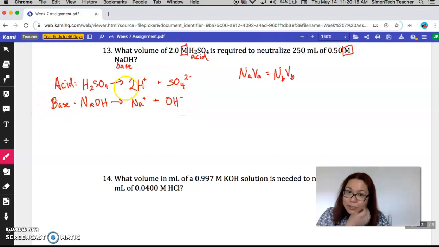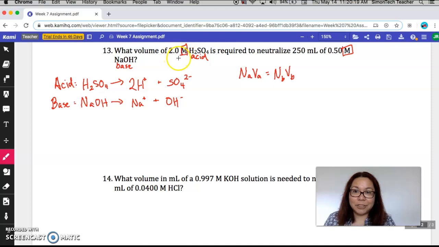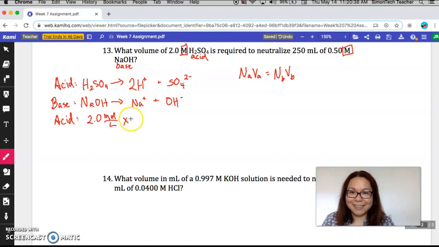Now, what we're going to do, we're going to use the molarity for each one also. Okay, so for the acid, we'll take the molarity, which is 2.0 moles per liter, times the number of moles of those ions. So it's going to be 2 over here for the hydrogen. And this will then give you 4.0 normality. So you're going to be using this for the normality of the acid. Okay.